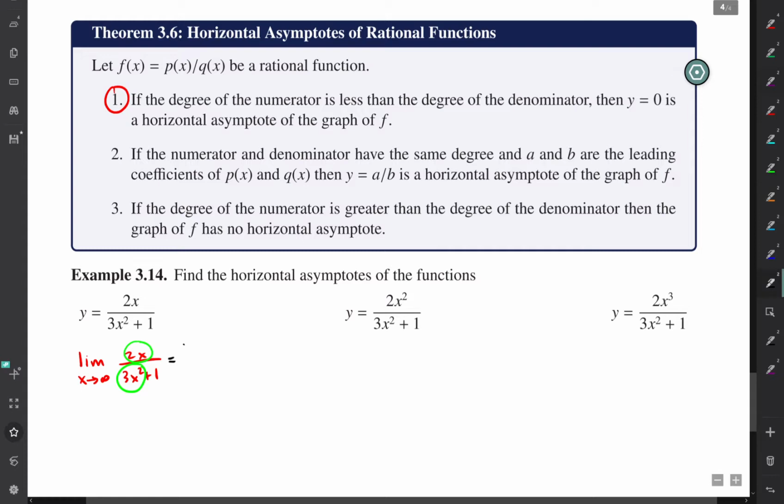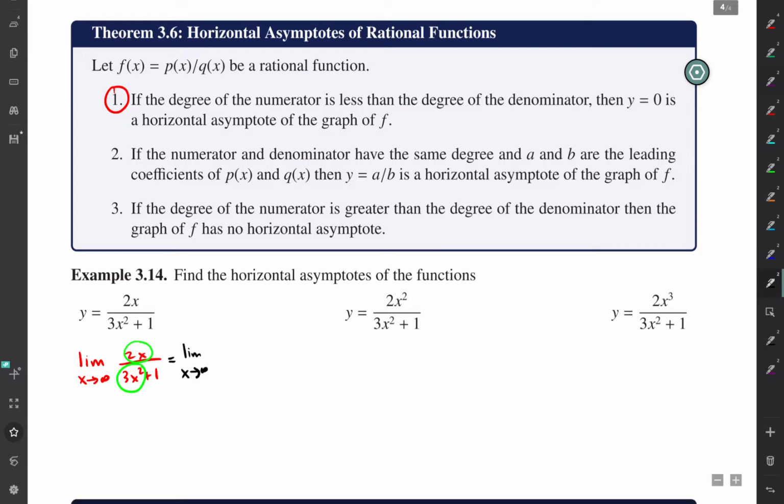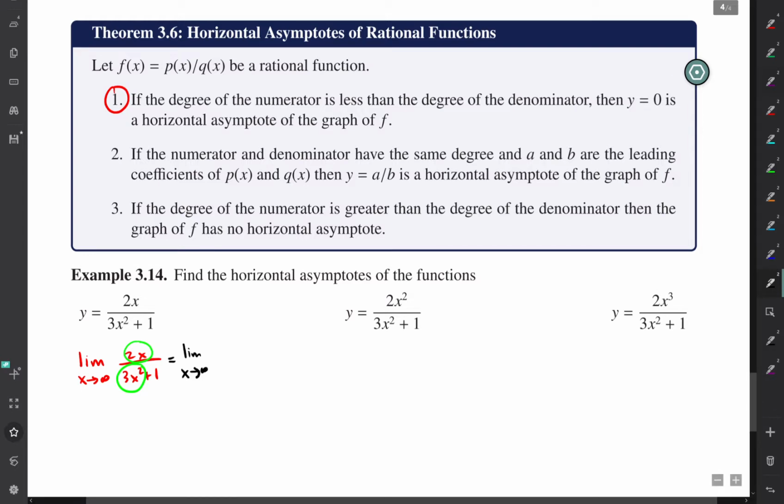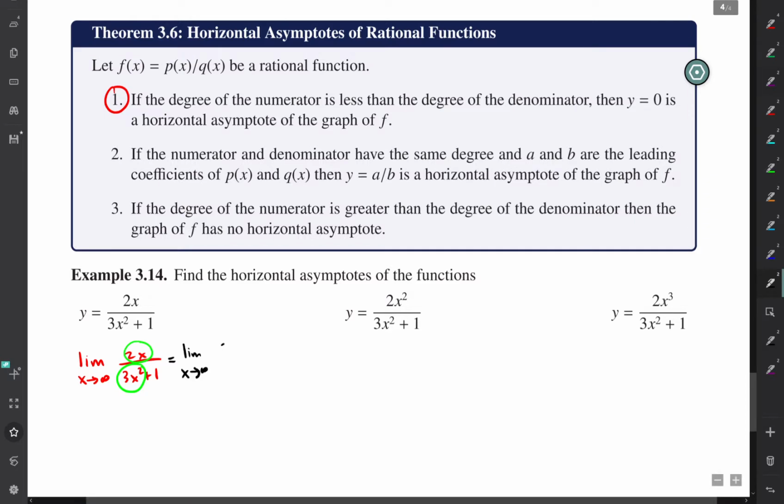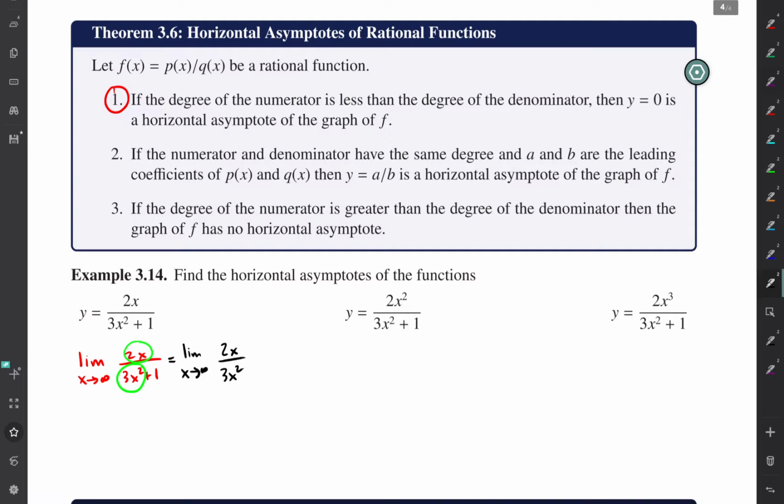And as x gets really, really large, as x goes to infinity, the leading terms of the 2x and the 3x squared plus 1 take over, right? That plus 1 isn't really going to contribute much when you put it next to x squared. So this limit as x goes to infinity is really the same as this limit, which is 2x over 3x squared. The leading terms take over.